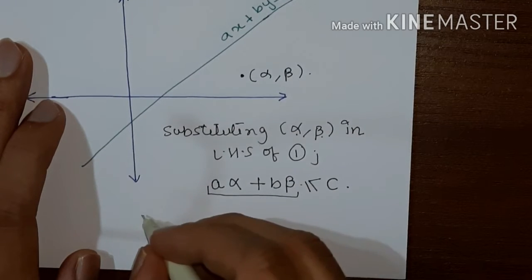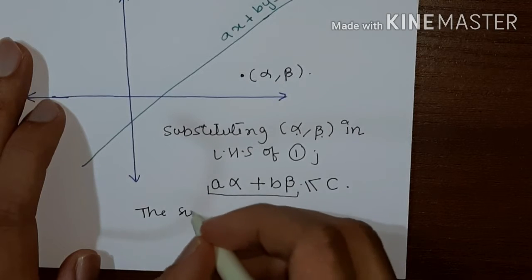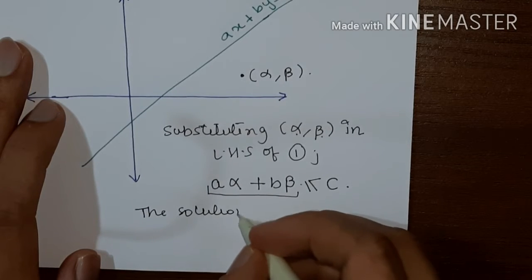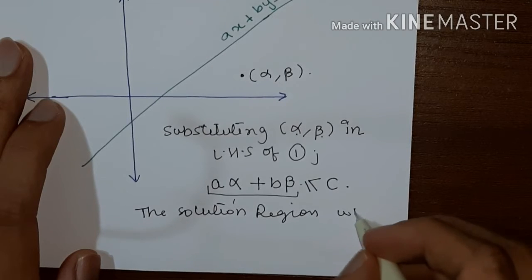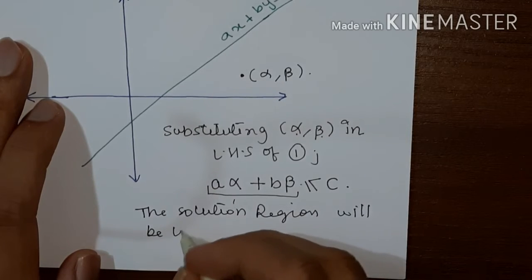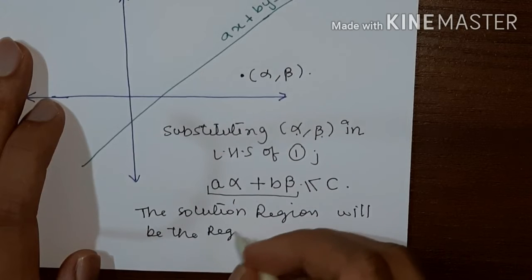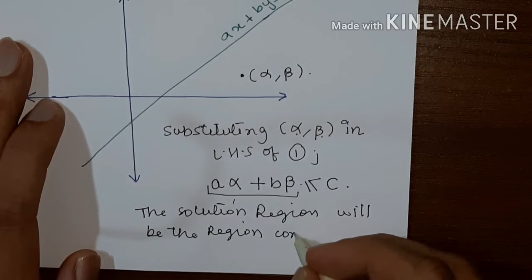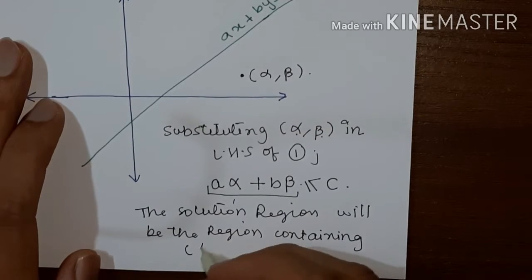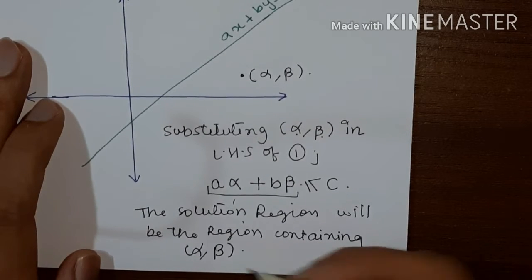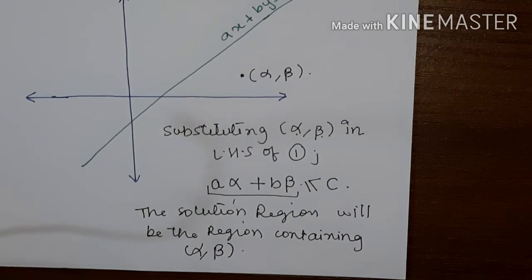So the solution region will be the region containing alpha comma beta. Which region will you get?